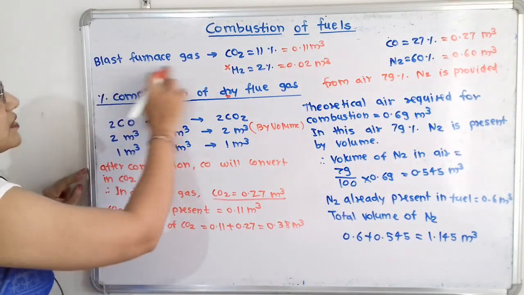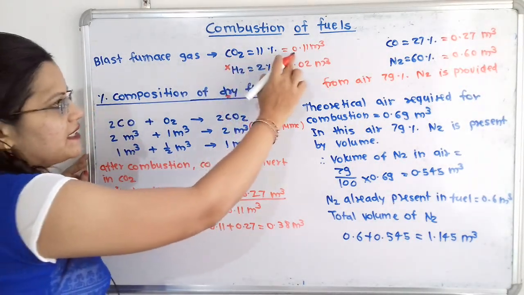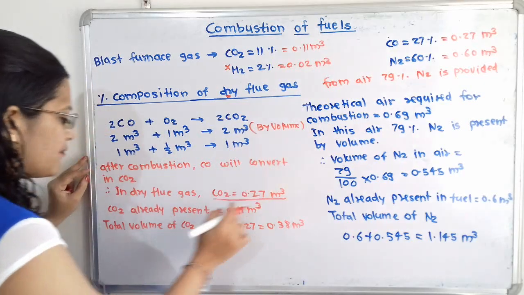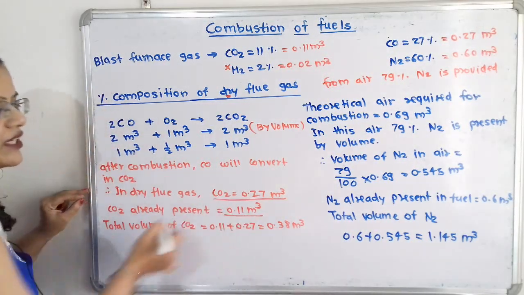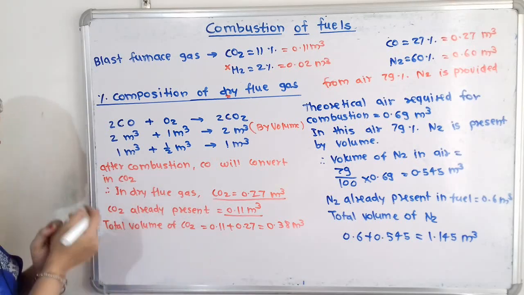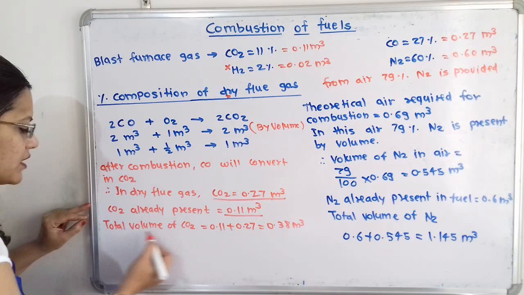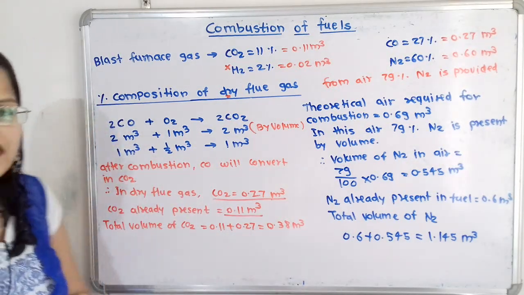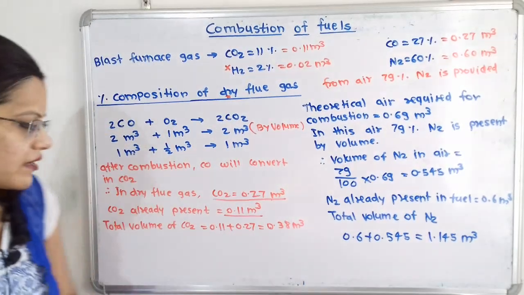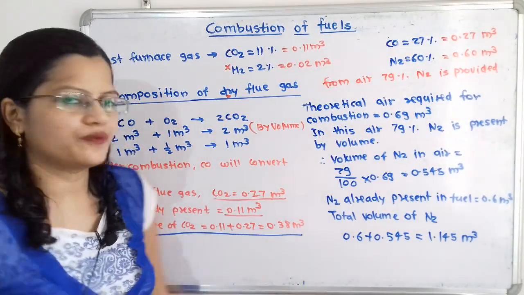And in this gaseous fuel CO2 is already present, which is equal to 0.11 meter cube. So what is the total volume of CO2? That is 0.27 plus 0.11, which is equal to 0.38 meter cube. So this is the total volume, and we will underline it. This is the total volume of CO2.